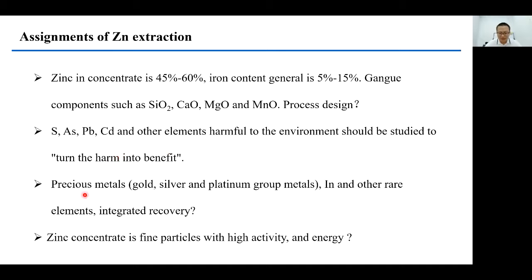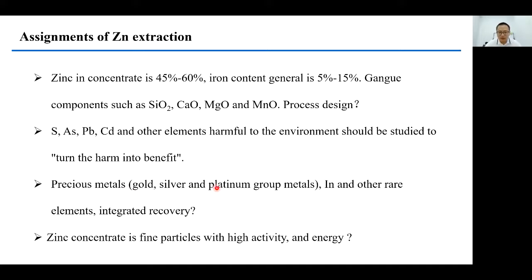And precious metals, as I have already explained, the silver is popular in the zinc concentrate at around 100 grams per ton, and it can be 1000 grams per ton in the lead sulfide. So this is why we also put precious metal recovery as an assignment in zinc extraction.